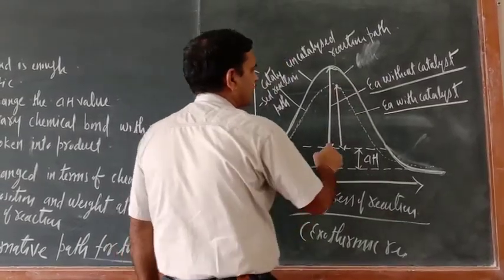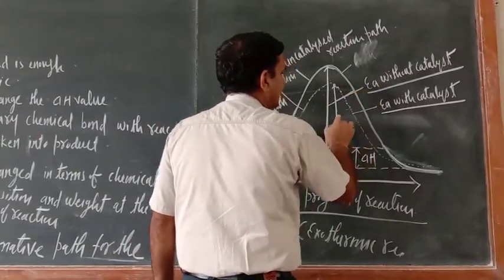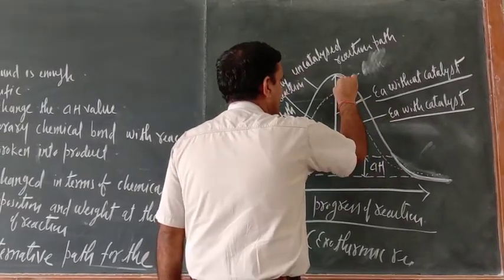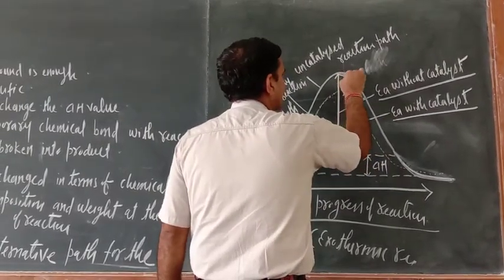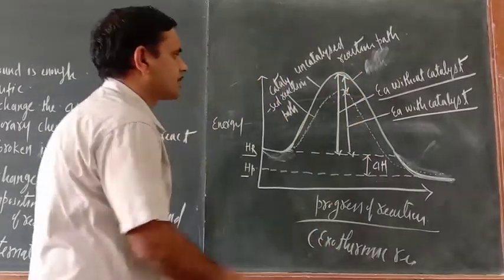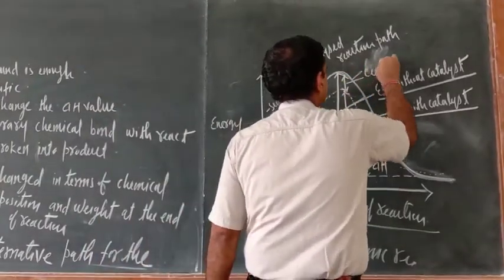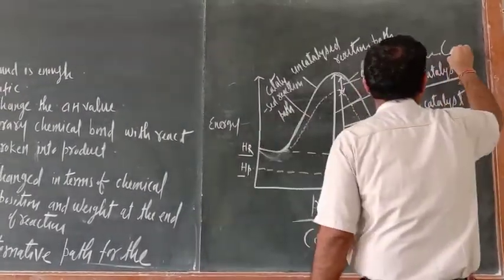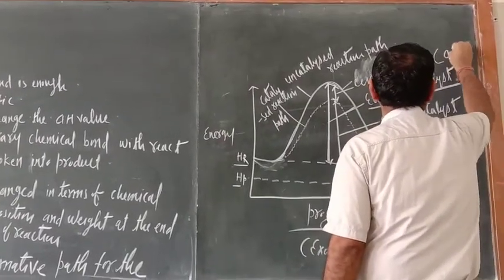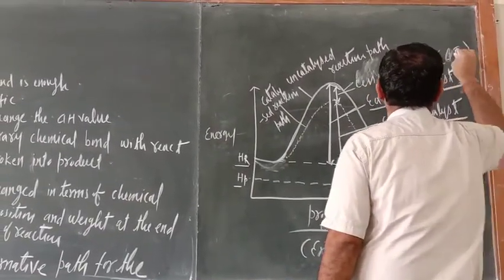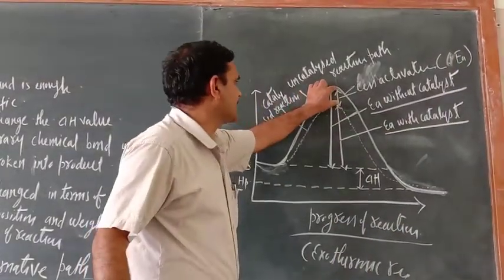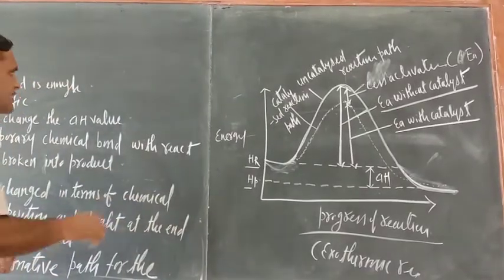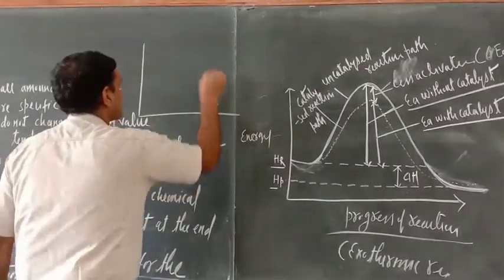So this is EA without catalyst and this is EA with catalyst. So that much activation energy is reduced, that is delta EA. That much energy is reduced if catalyst is added, and it is supposed that the catalyst takes part in the reaction in this way.